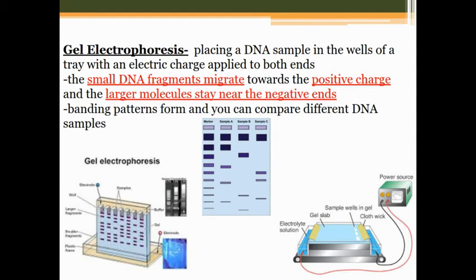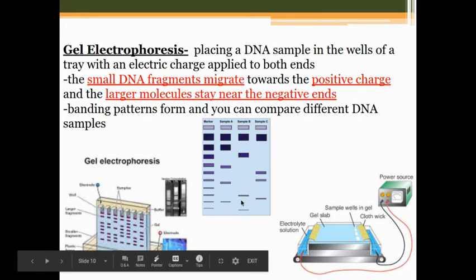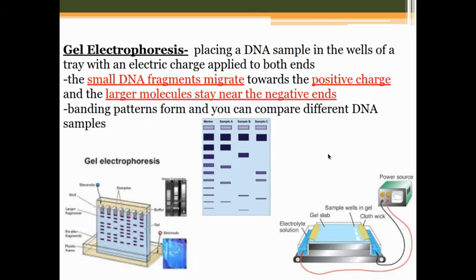Well, you're going to have some large pieces and you're going to have some small pieces. The banding patterns that form are a result of different sizes. So the largest bands are found near the top and the smallest bands are found near the bottom. And every individual has their own unique banding pattern. So we can use this as what is known as a DNA fingerprint.